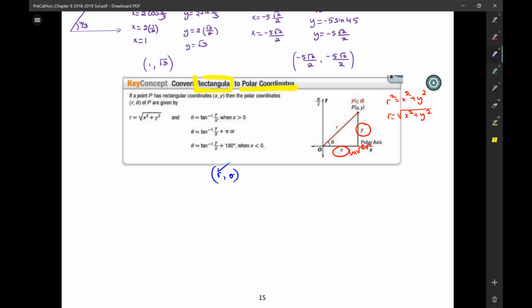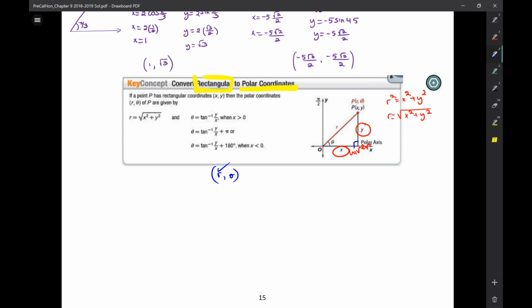So what do I have? I've got a y, I've got an x, I need a theta, right? Right triangle right here. So how can I connect the x and the y to one another? If I want to find theta, trig has to come in somehow. So which trig function will give us theta?